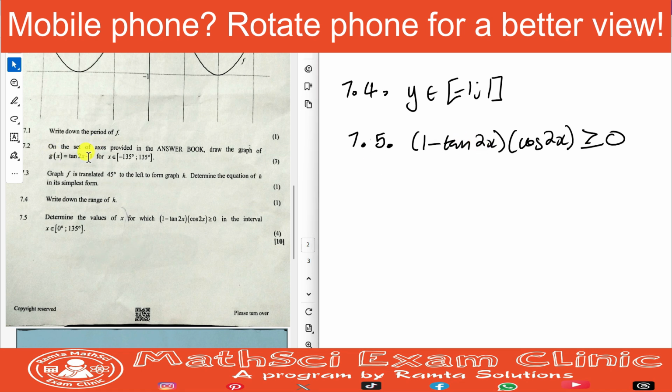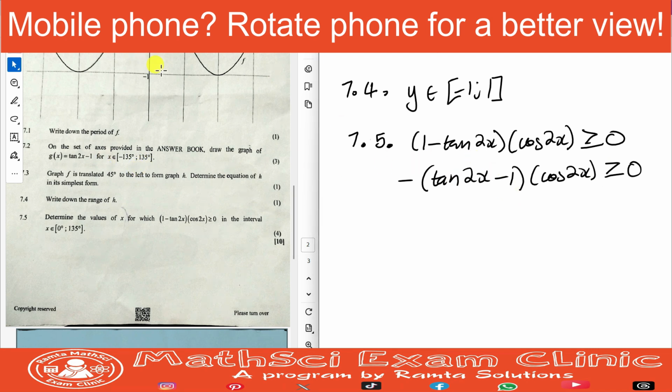You have worked with tan 2x minus 1. So I advise take a common factor here of -1. You are left with tan 2x minus 1, close bracket, open bracket, cos 2x, is greater or equal to 0.